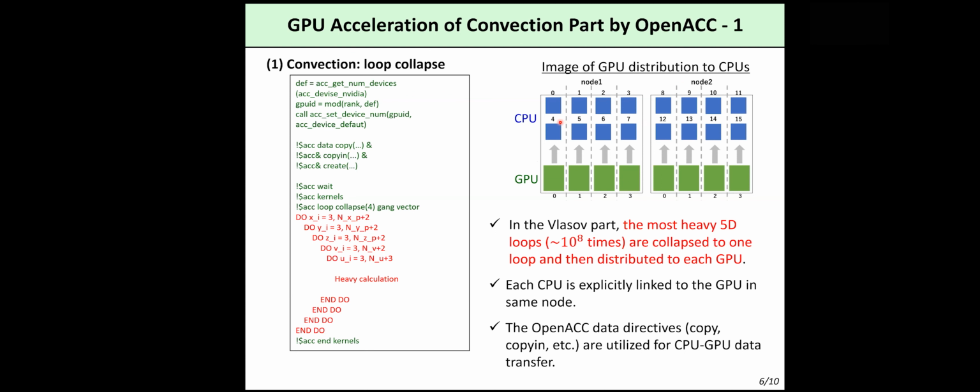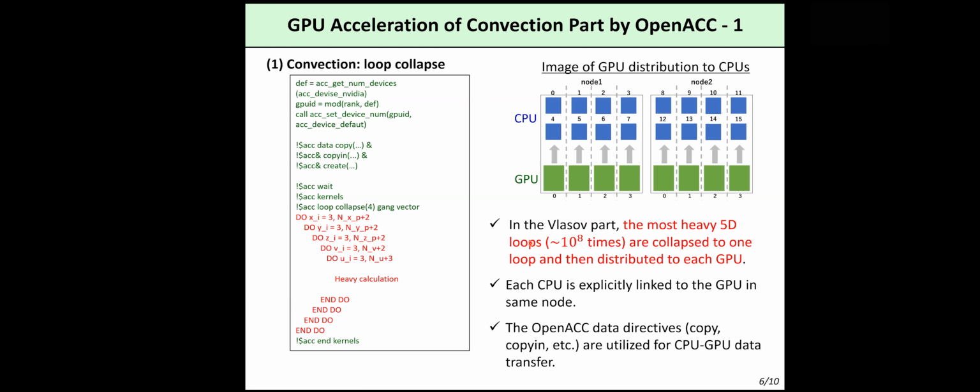We use the ACC set device num subroutine to explicitly link the GPU to each CPU, as shown in this figure, which is a technique available in the MPI-OpenACC hybrid parallelization.